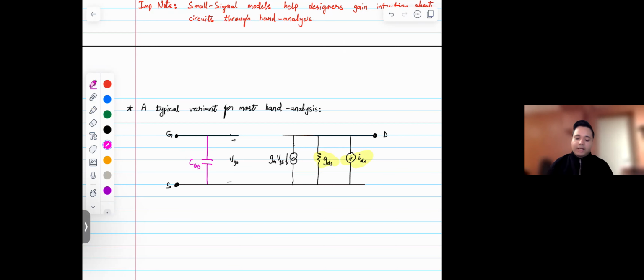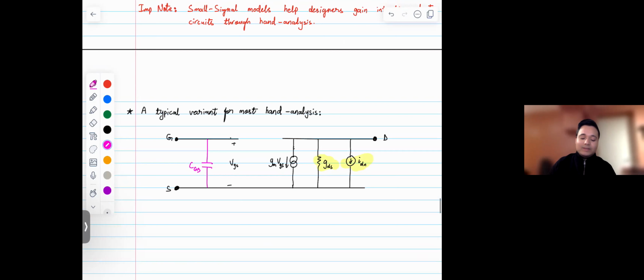Cgs is a pretty big capacitance, so maybe you want to model that, but maybe you don't want to include all the other five capacitances necessarily, with the body and everything included, right? That's what I meant. Basically, a small signal model can be as complex or as simple as you can make it.